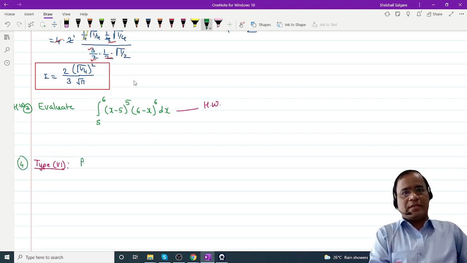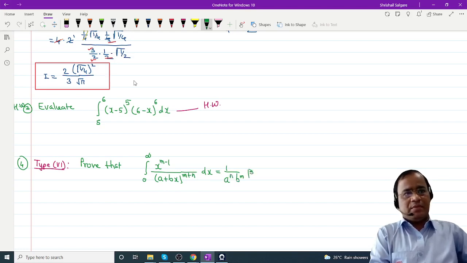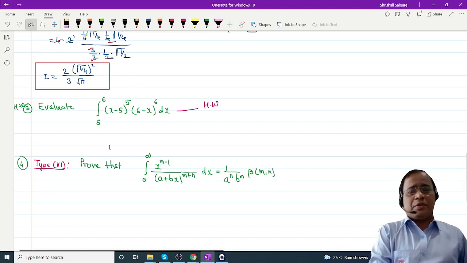So prove that the integral from 0 to infinity of x raised to m minus 1 divided by a plus bx raised to m plus n dx is given by 1 upon a raised to n, we will verify it, b raised to m into beta of m, n. So for all these types you have to remember the substitution properly.